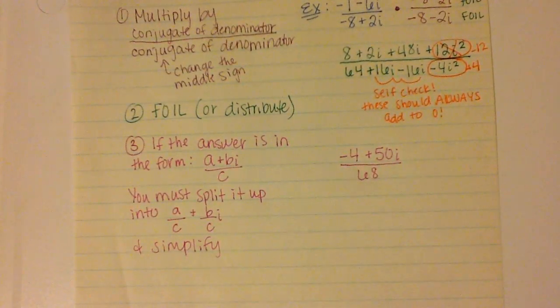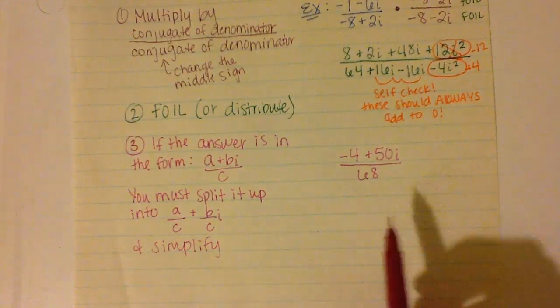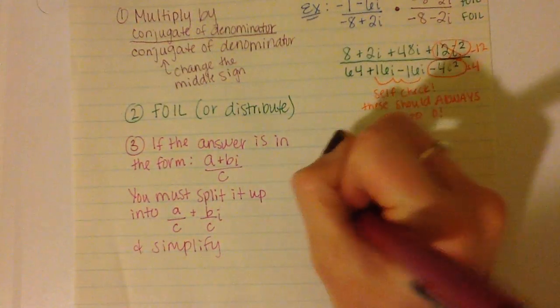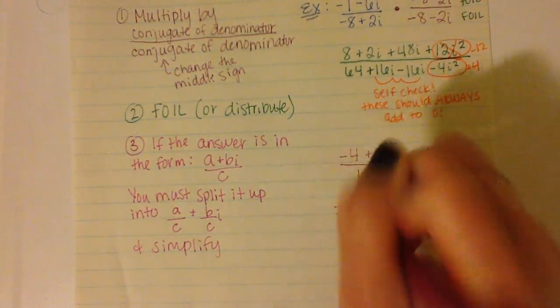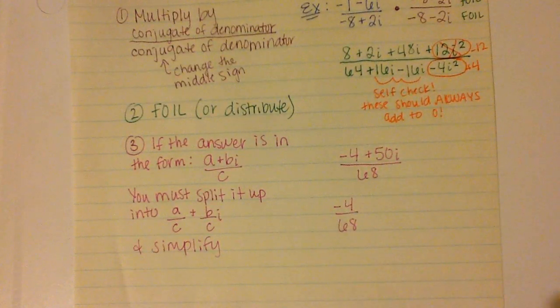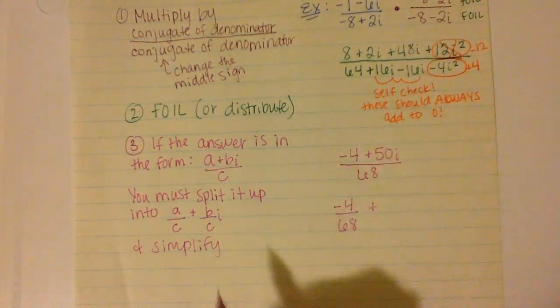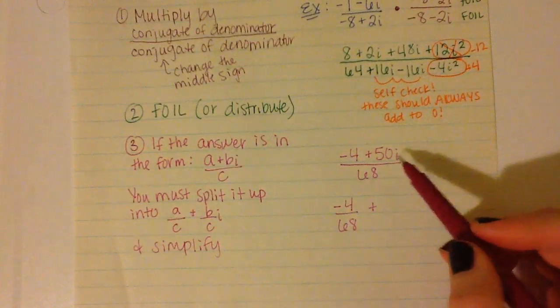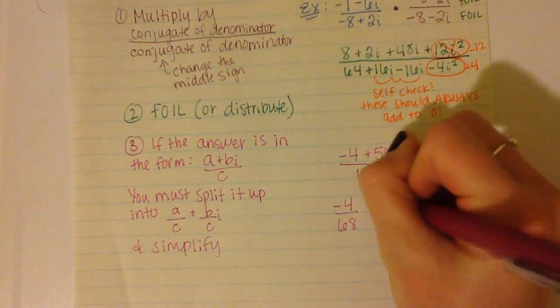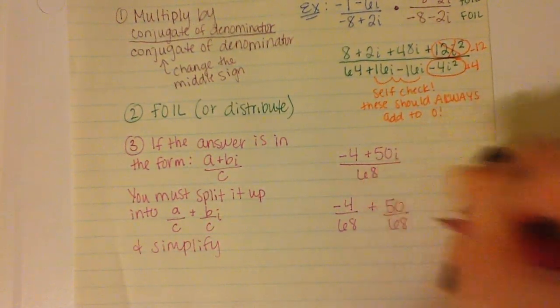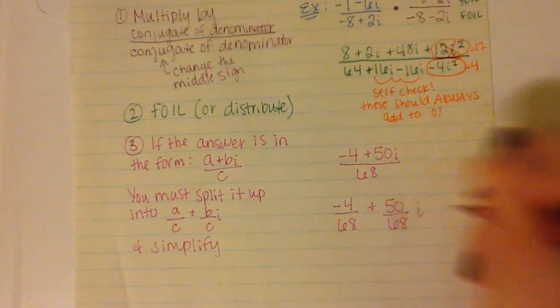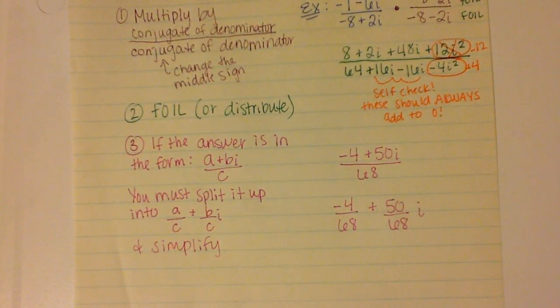So let's split it up. So we're going to take our a over our c, which is negative 4 over 68, plus our b over c times i. Our b is 50 over our c, which is 68, i. And now we're going to simplify.